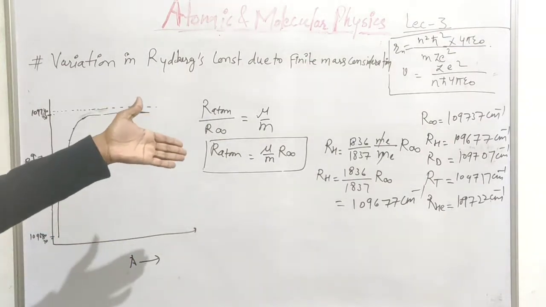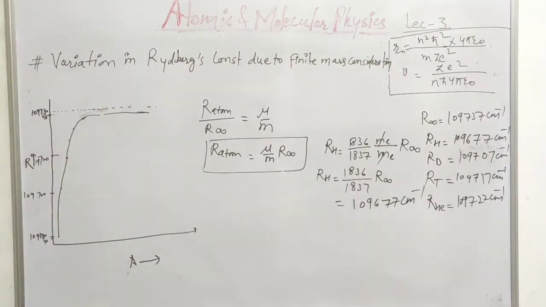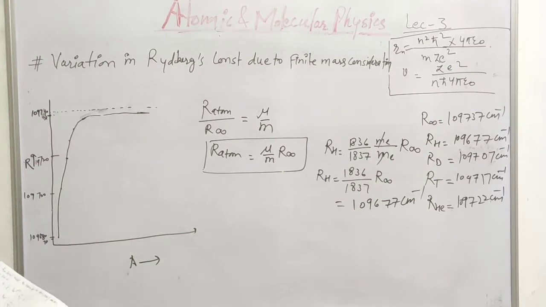So the effect of considering a nucleus of finite mass is very small for atoms like hydrogen, deuterium, tritium. But there are some atoms in which the effect of finite mass consideration is very significant. So let us throw light on those atoms. Next we will see various atoms like positronium, muonium and muonic atoms.